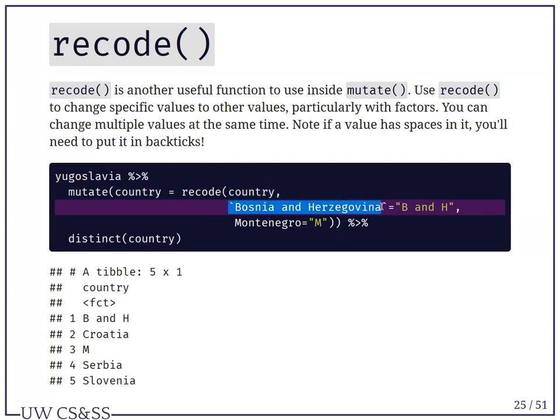So whenever it says Bosnia and Herzegovina, now it says B and H. And whenever it says Montenegro, now it says M. But it keeps all of the other qualities of that column. So it's still a factor, and it still has the underlying numbers that allow it to be a factor. So it's just a quick way to change the human legible part of the factor variables.